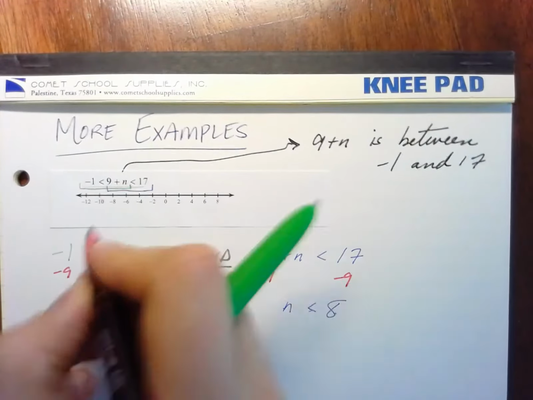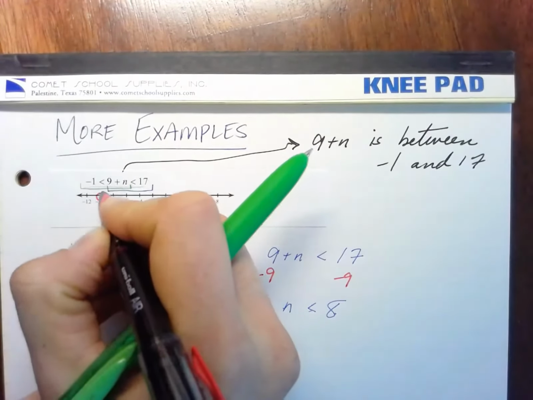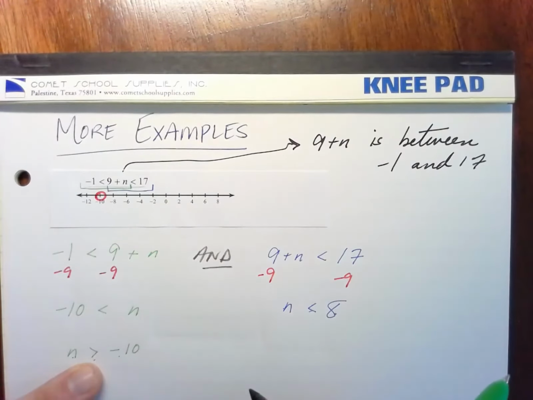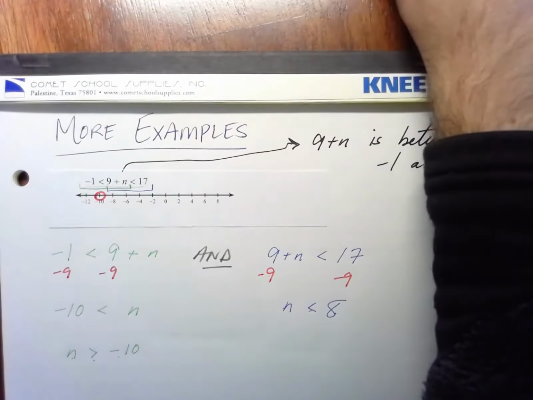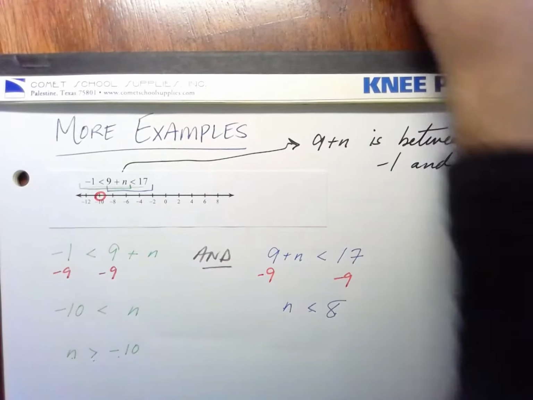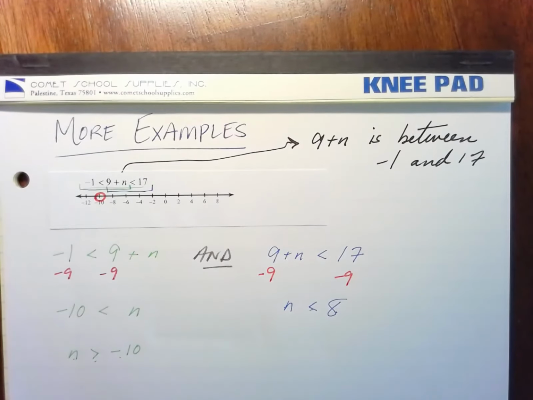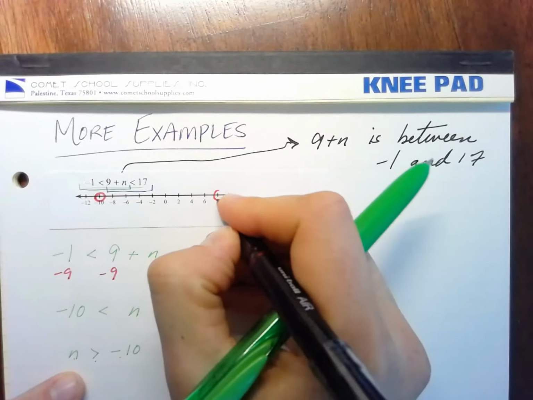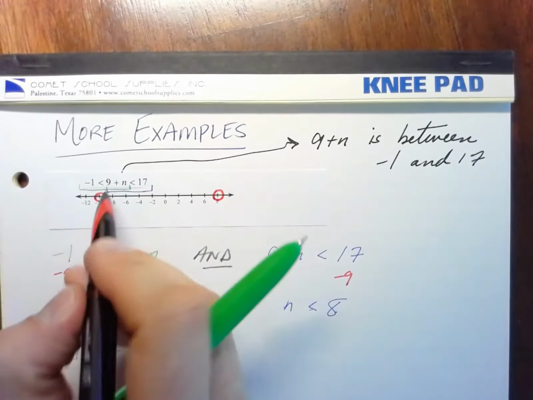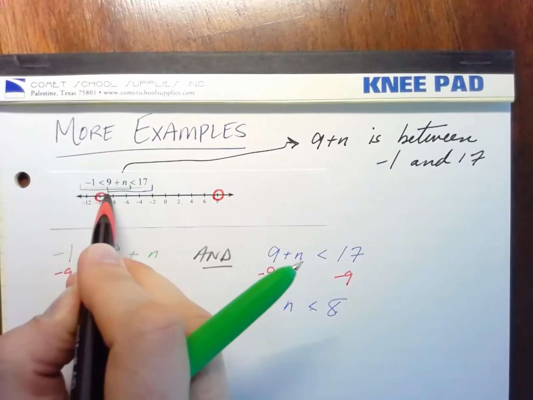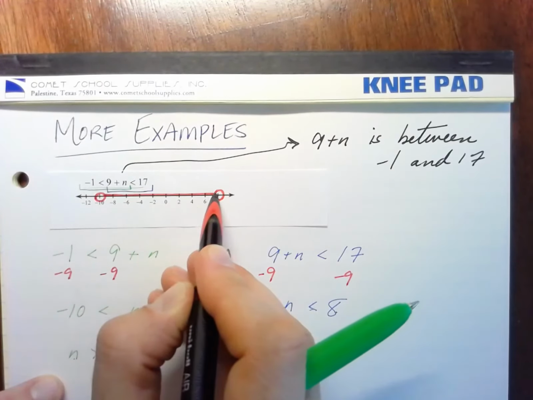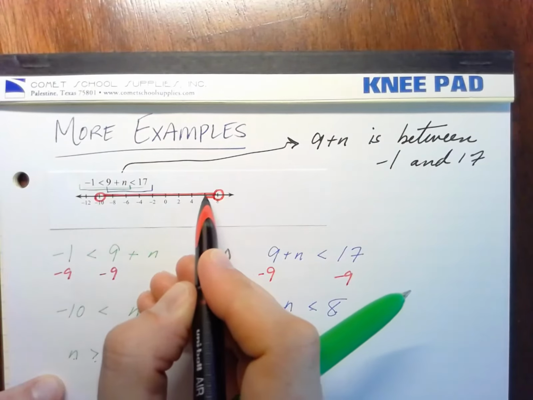N is greater than -10, so here's -10. So there's that. It's an open circle. It's greater than -10. It's an open circle. This is less than 8. Still an open circle. And then since I'm greater than -10, I'm going this way, right? And I'm less than 8, so I'm going this way.